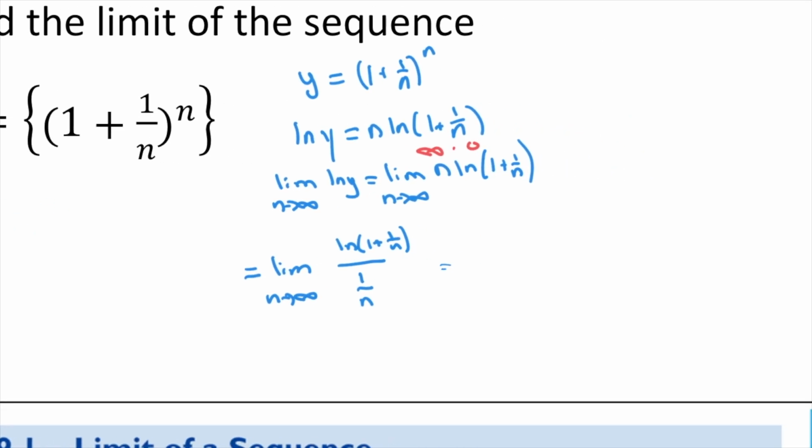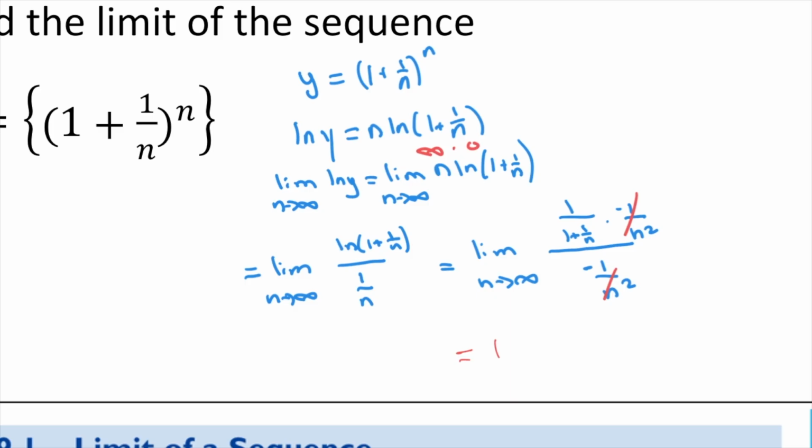So we will have the limit as n goes to infinity, for the numerator, of 1 over 1 plus 1 over n times negative 1 over n squared, and your denominator is negative 1 over n squared. Isn't it convenient that these will cancel out? Now, the limit as n goes to infinity of 1 divided by 1 plus 0 is 1.